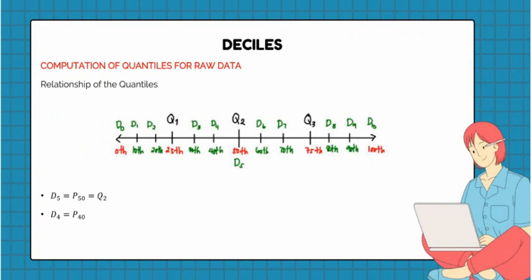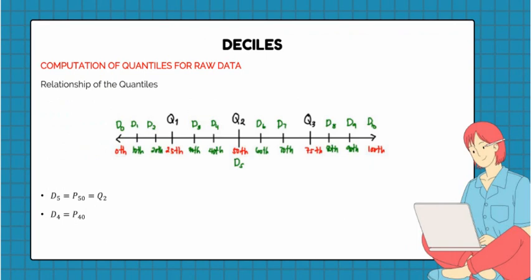And then we could also divide our entire distribution into 4 equal parts, which is going to be your Q sub 2 or your second quartile or your middle quartile, and then we could also have your first quartile and our upper quartile. You could also divide your entire distribution into 10 equal parts, which is this one. That's going to be our decile 1, decile 2 up until decile 10 or the 10th decile.